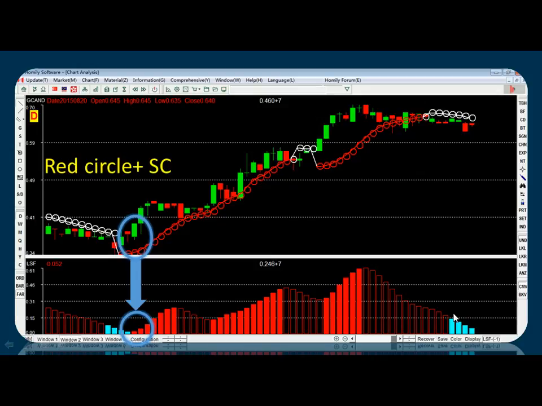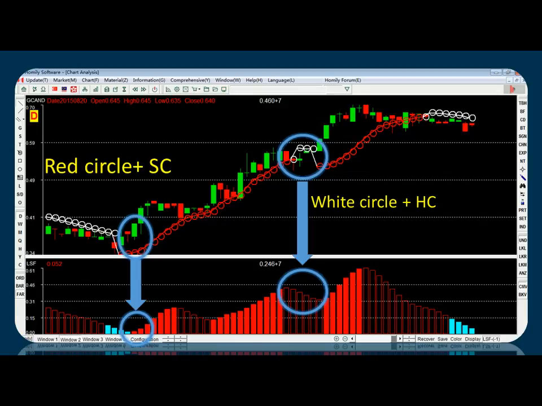Yeah. And here's the buy point here. Red circle and SC. What's that? Solid column. Solid color. The first red color. Yeah, first red solid column, but very small. HC is a hollow column. Hollow red column.